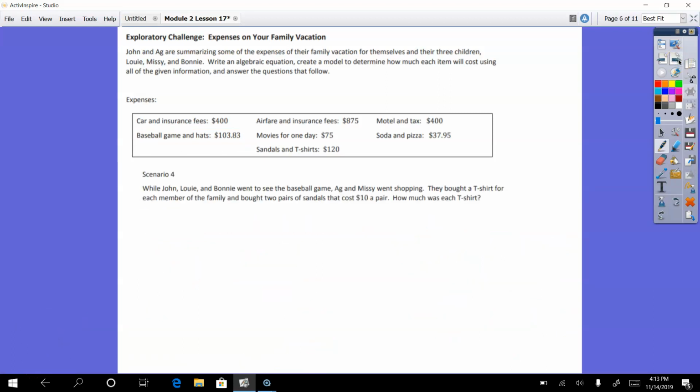Okay, 4. While John, Louie, and Bonnie went to see the baseball game, Ag and Missy went shopping, so these don't count. They bought a t-shirt for each family member, so that's 5 t-shirts that they're buying. And they bought 2 pairs of sandals that cost $10 for a pair.